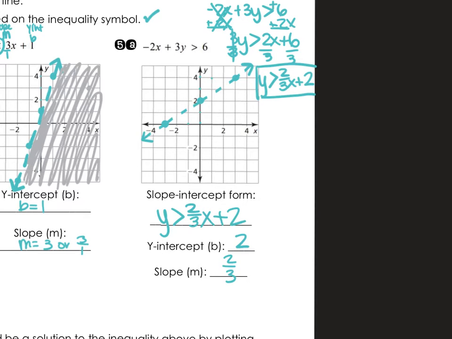It's just kind of how I always do it, because I know it doesn't have that or equal to, so it should not be solid. Okay, and last thing to remember to do is to shade. So this one says this means greater than. So that means I want to shade above the line where these y values are getting bigger.